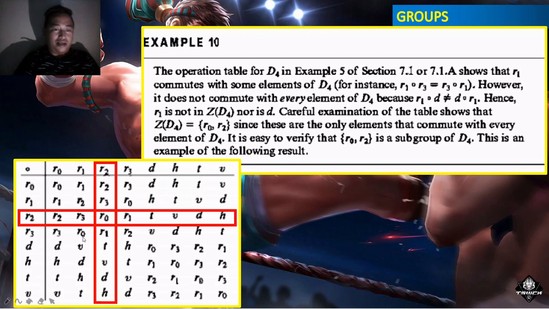R2 compose R1 is R3, and R1 compose R2 is R3. Then R1, V, D, H. D compose R2 is the same as R2 compose D. So it commutes with R2 for all the elements.